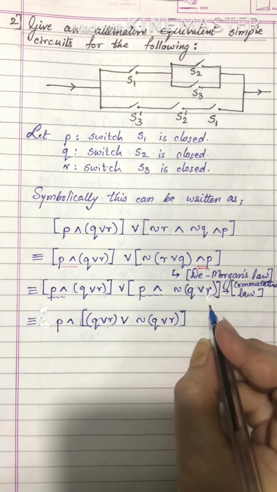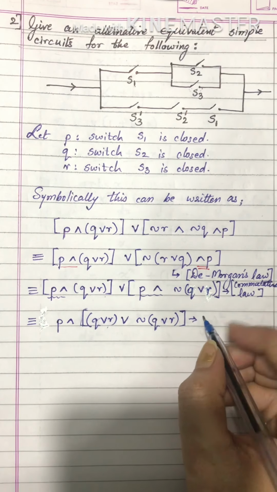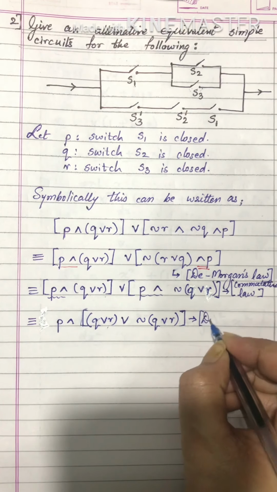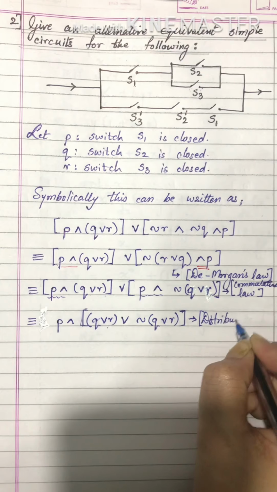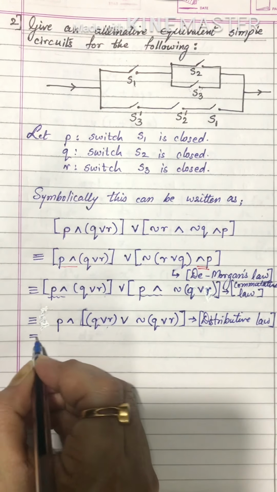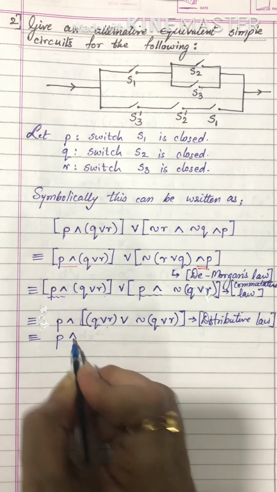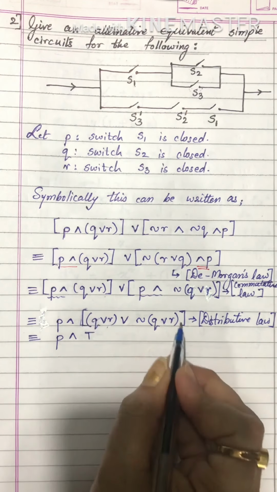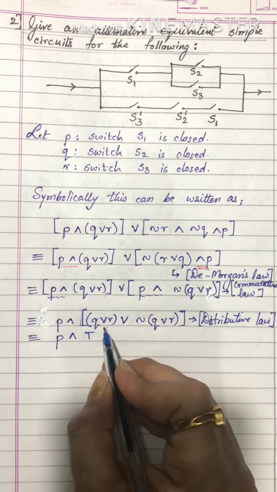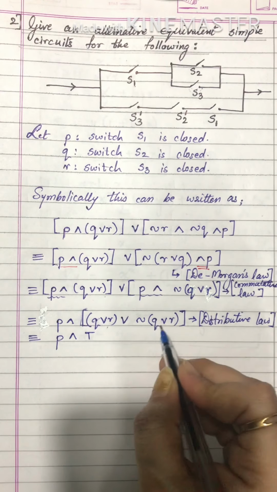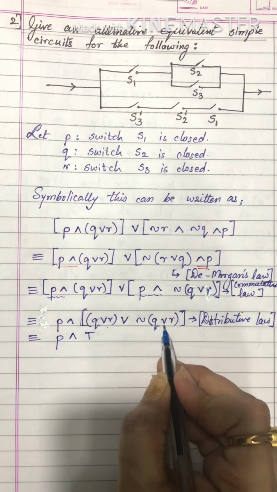Okay, now this is the distributive law. Fine. Now it has become very easy. We next get P and T. Now check out what we got in the bracket. Let's take this Q or R as P and negation Q or R as Q. So it will be P or negation P, right?